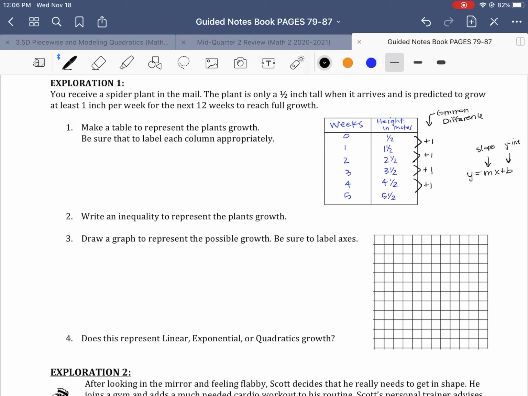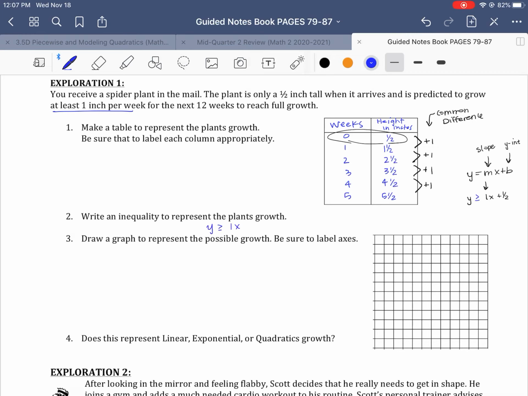So if I'm creating an equation for this, number 2 asks us to write an inequality, then I need to put in my slope, which was 1, and then I have x, and then the y-intercept, if you look right there before any growth has happened, was 1/2. We're putting it as an inequality because when we were given the initial information, it said it grows at least 1 inch per week. So this could be greater than or equal to that specific value. So I'm going to put this over here on number 2.